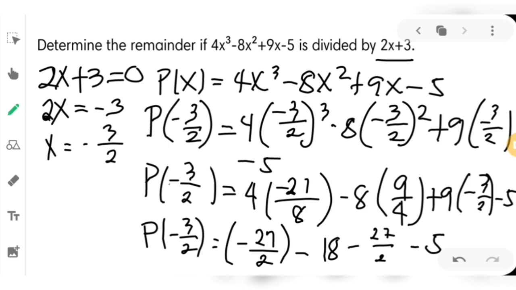So this is equal to negative 50. So that means the remainder is negative 50.